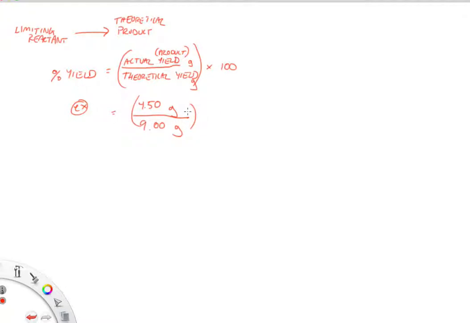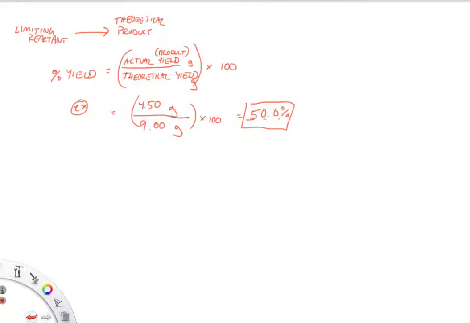So to show your percent yield, you just take 4.50 divided by 9.00 times 100, and that's 50%. Make sure that you keep your significant figures along the way here. That's 50 with a 0 at the end. That is your percent yield.